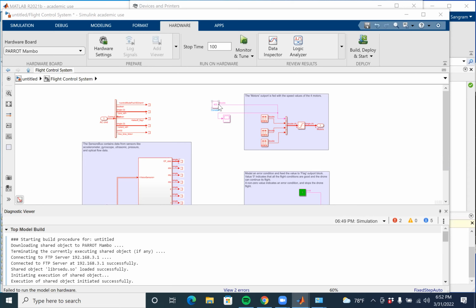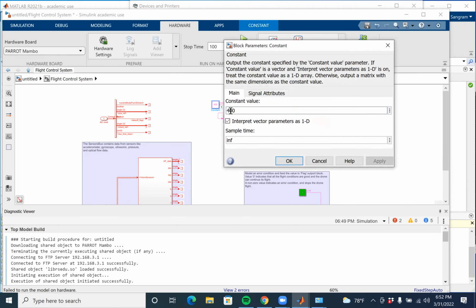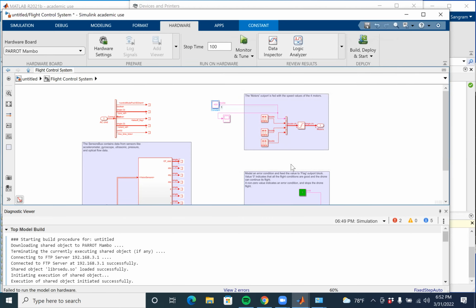So now observe. Pulses are, all pulses are positive. Now what I'm going to do is send a constant negative value and see what happens.